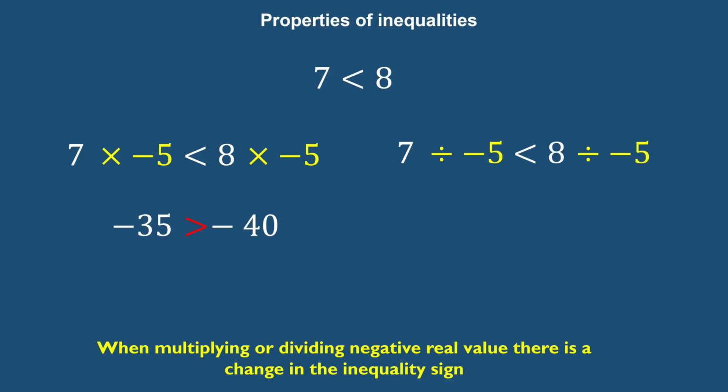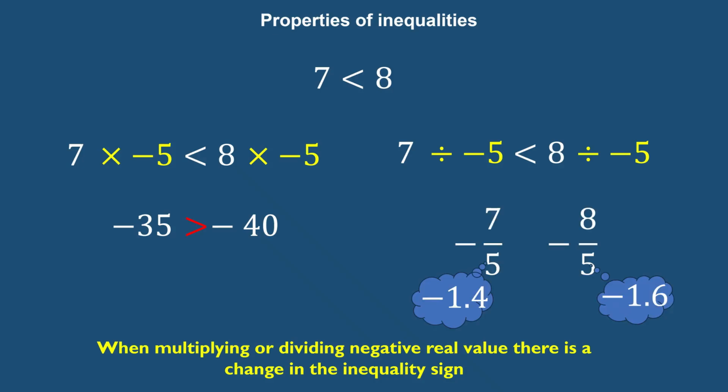If 7 is divided by minus 5, it will be minus 1.4 and 8 divided by minus 5, it will be minus 1.6. Here, minus 1.4 is greater than minus 1.6. So, we can see here there is a change of inequality sign if we multiply or divide by a negative value.